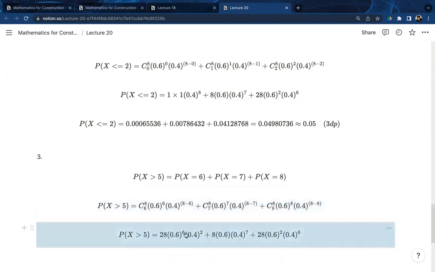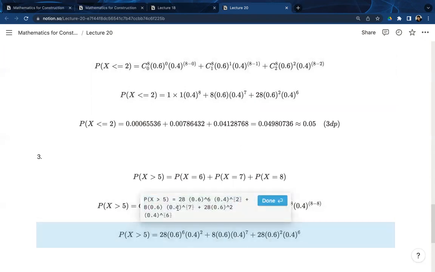So is this one here. 8 choose 7 is the same as 8 choose 1. So that's 8. 0.6, however, is to the power 7. And this is the power 1.